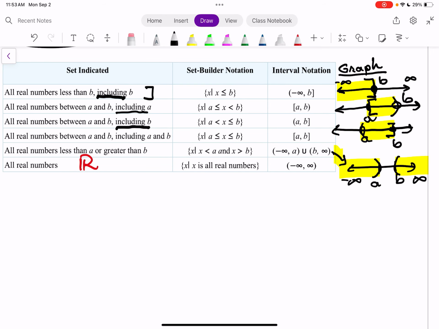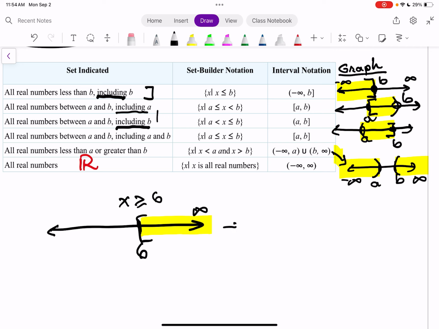So let's practice this a little bit. So let's say I want all the numbers greater than or equal to 6. Well, here is 6. Greater than 6 means to the right. And it says or equal, that means I'm including 6.